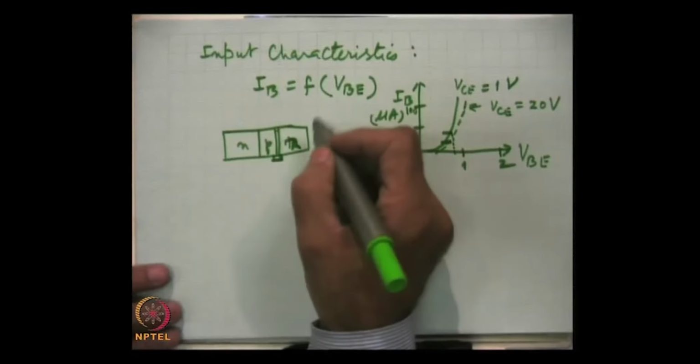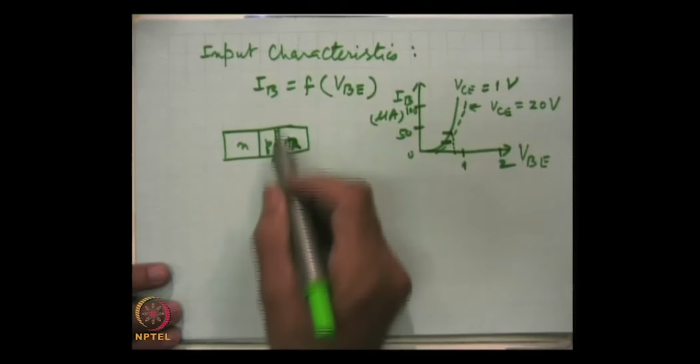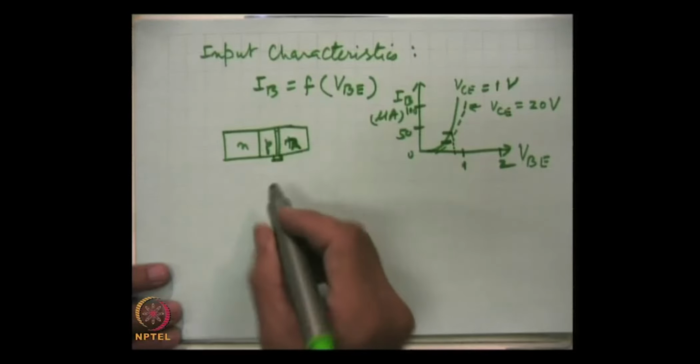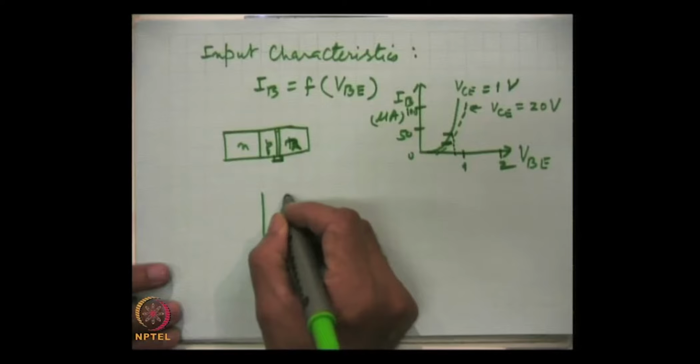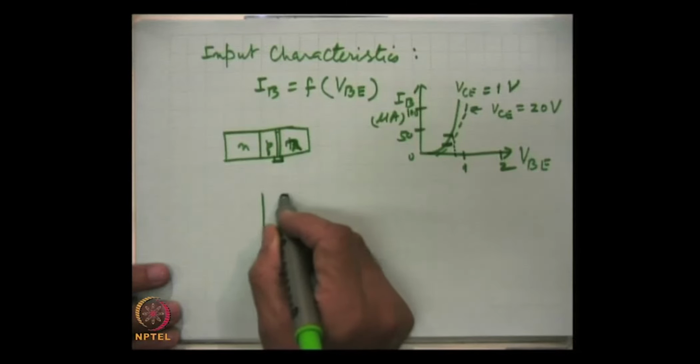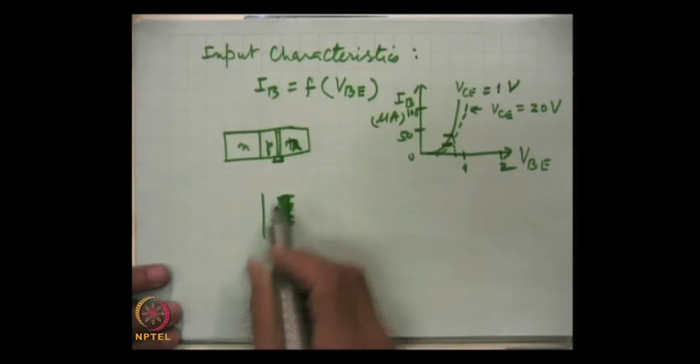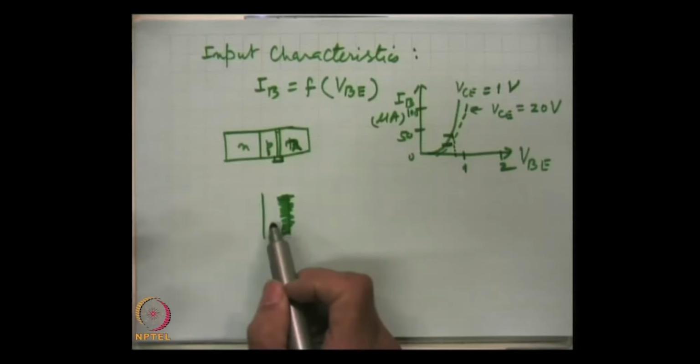So, when the depletion region broadens because we have changed the voltage from 1 volt to 20 volts, now there is 20 volts across this. So, if this was the base with 1 volt, this depletion region will be more spread in the base region, because this is more lightly doped.